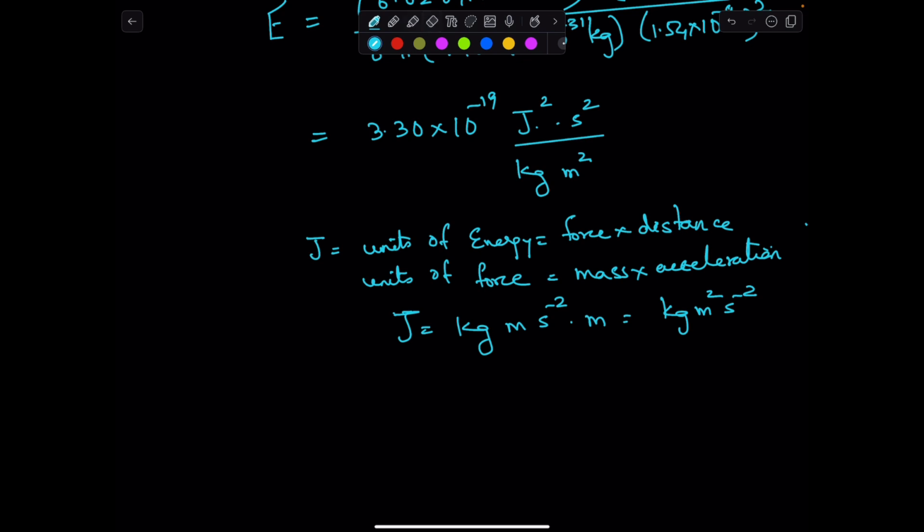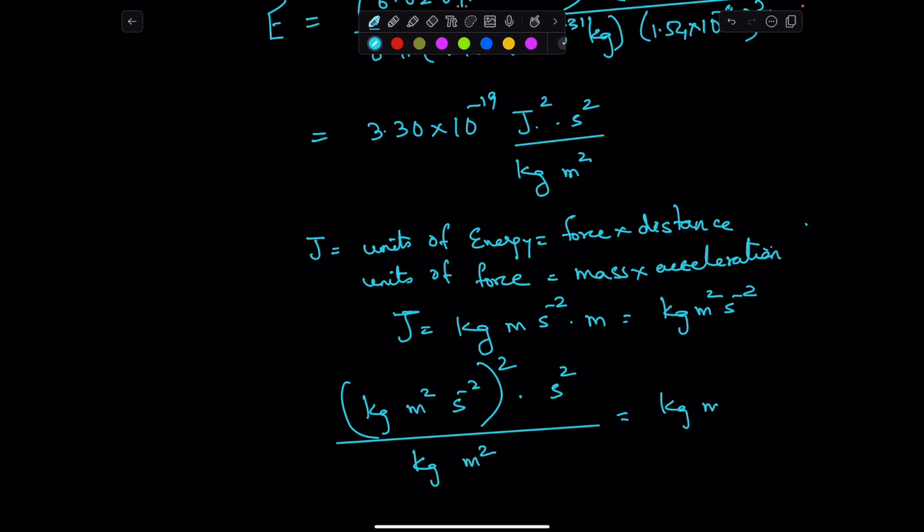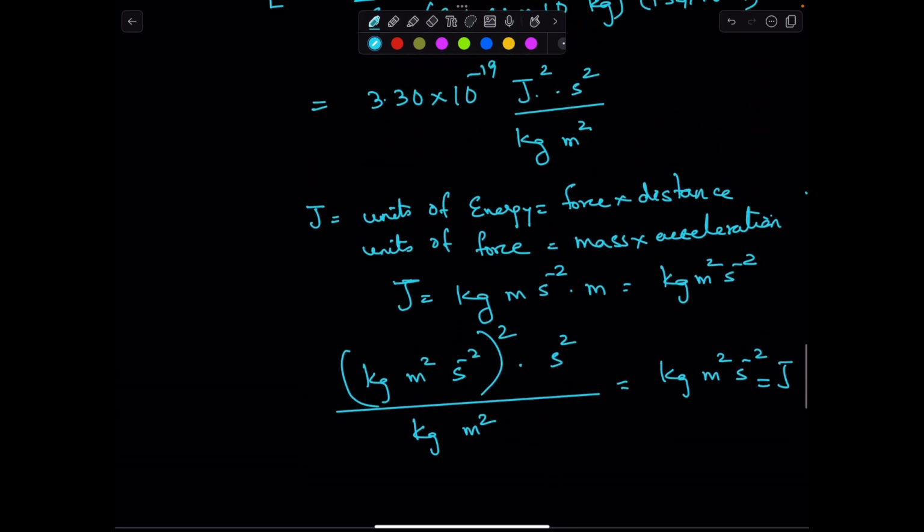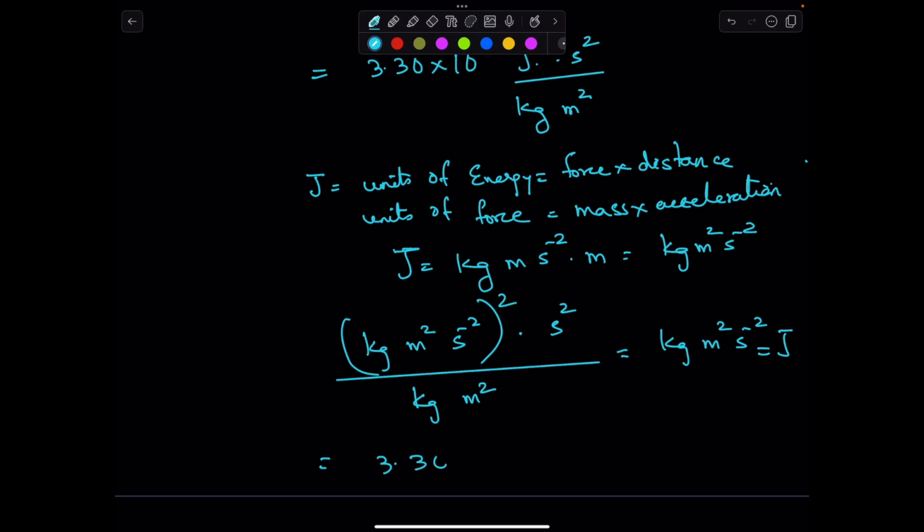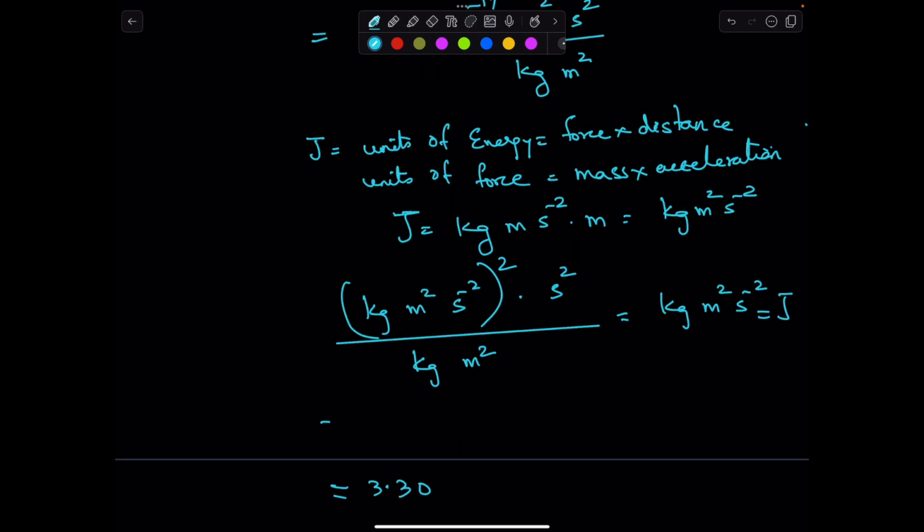Now plugging this in, we get kilogram meter squared per second squared, the whole square, times second squared divided by kilogram meter squared. This gives us kilogram meter squared per second squared, which is the unit of joule. So we get 3.30 times 10 to the negative 19 joules.